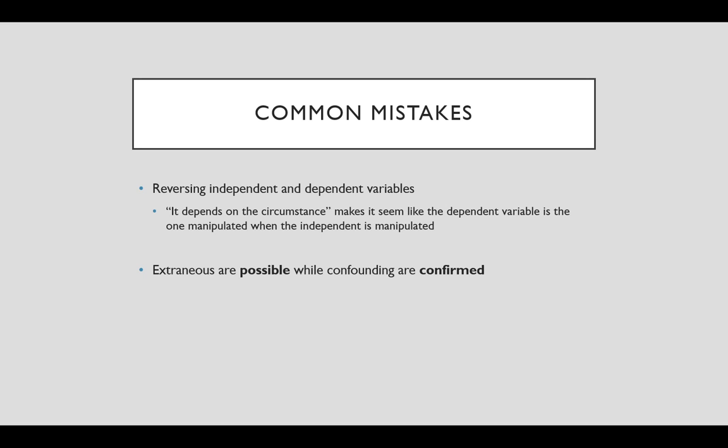Extraneous variables are possible, while confounding variables are confirmed, as I like to put it. Extraneous variables are ones you want to take into consideration, but did they affect the study? If they did affect it, they have become confounding because they've made an impact. They could have made things seem worse or better.